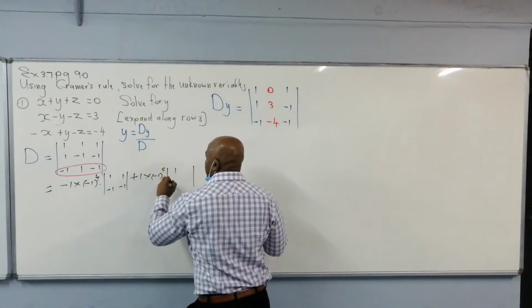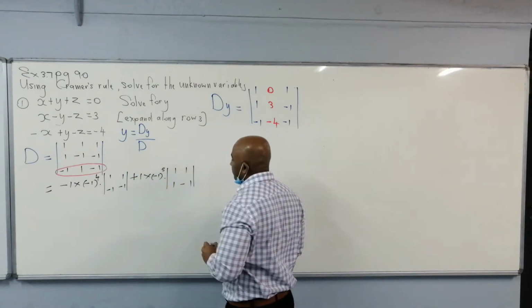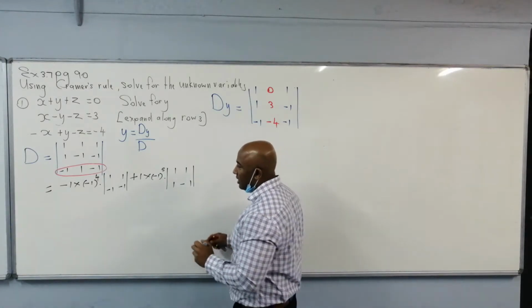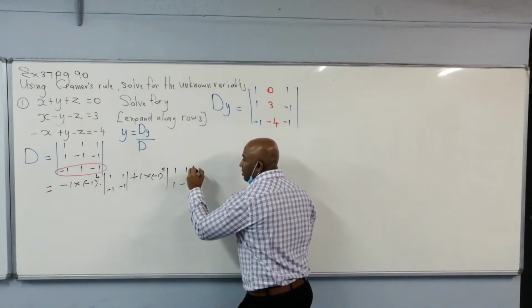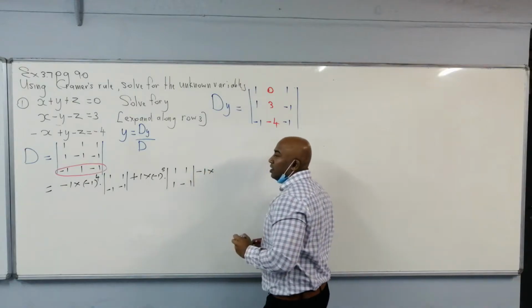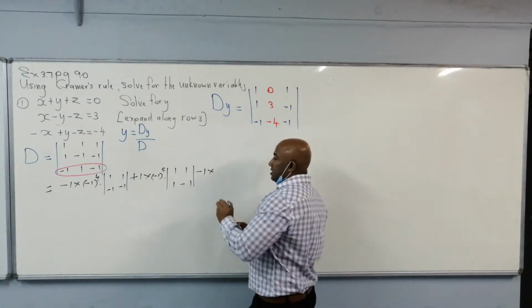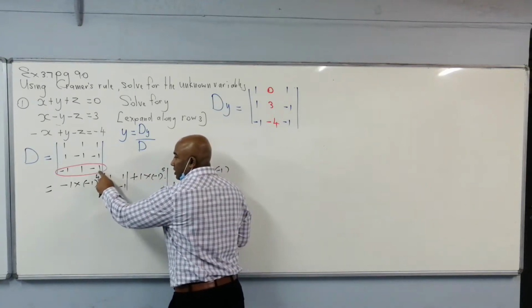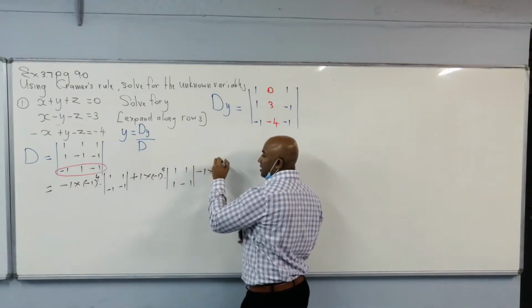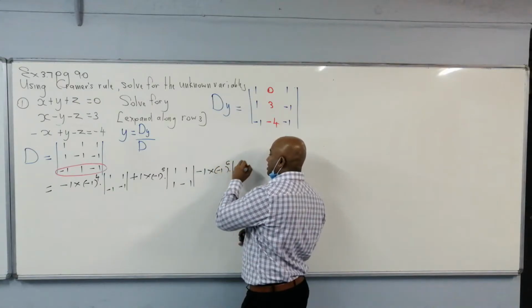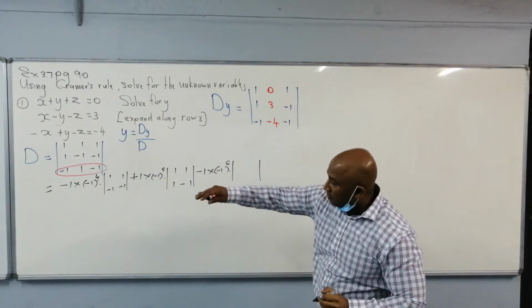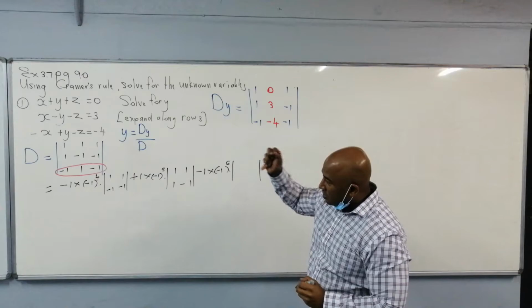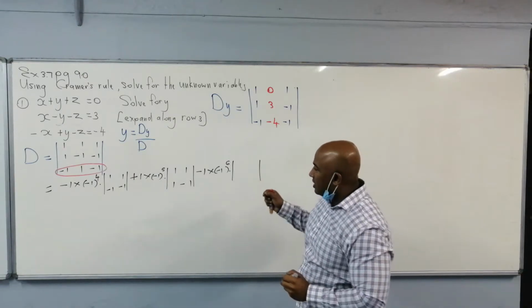What's the last number there? Minus 1. So that's minus 1 times the cofactor of that minus 1. The cofactor is minus 1 to the power row plus column: row 3, column 3, 3 plus 3 gives me 6. Now block the row, block the column, so that's 1, 1, 1, minus 1.